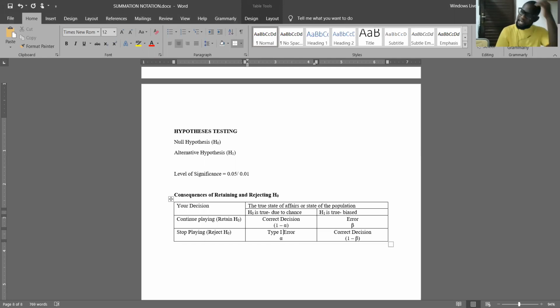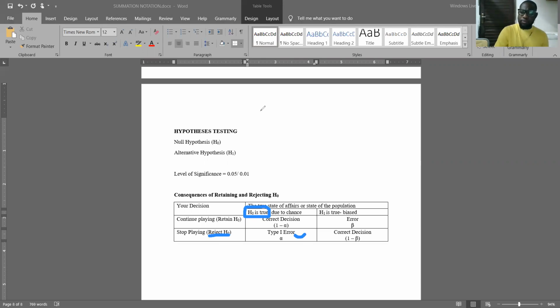So they can ask you, what is type 1 error? Type 1 error is the probability of you rejecting H0 when H0 is true. Or they can indicate the probability of rejecting a true null hypothesis. That is type 1 error.